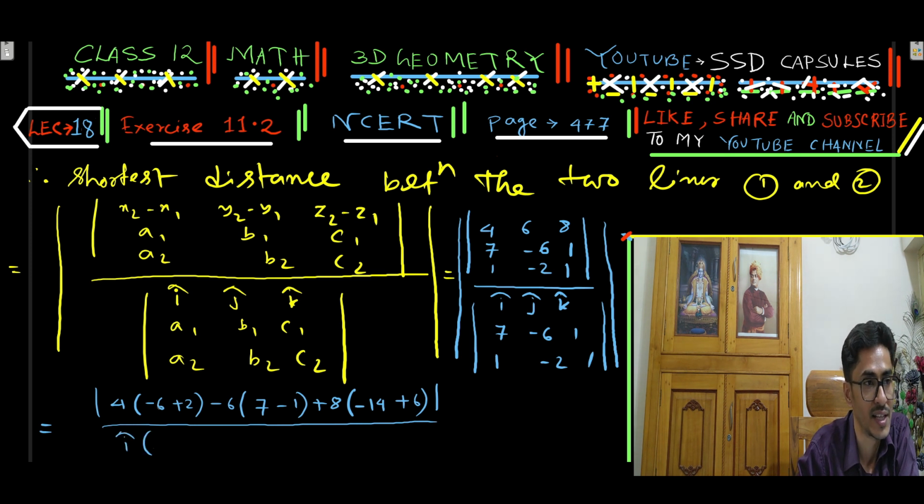The similar thing: minus 6 plus 2, so minus 4. Minus j cap, the same thing will come: 7 minus 1, so 6. Plus j cap, minus 14 plus 6 will come, so minus 8. Have you understood this?